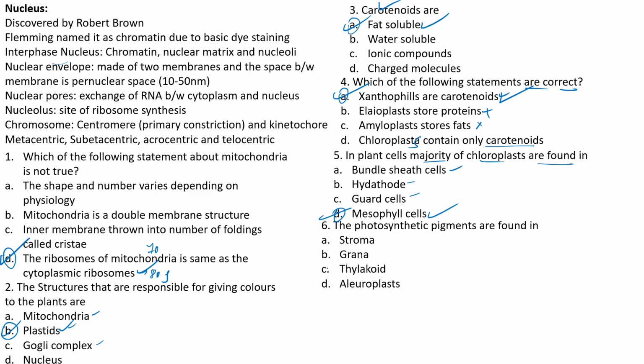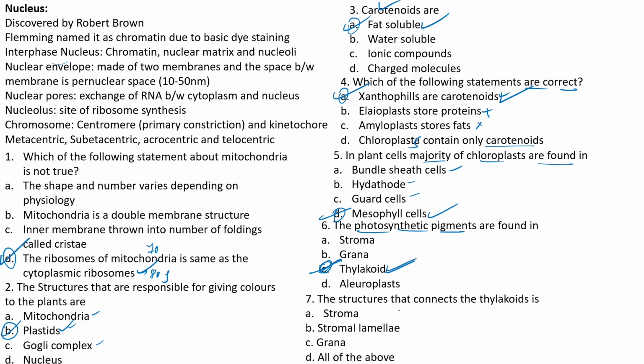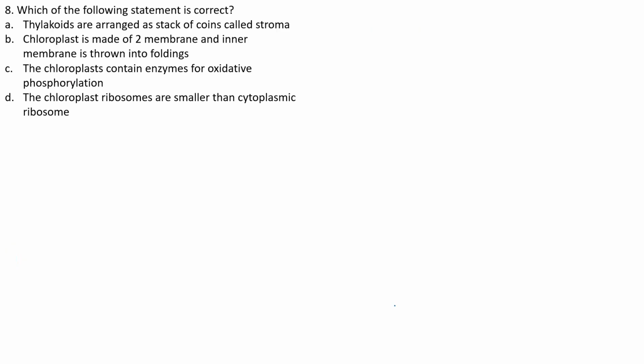It is the thylakoid that mainly contains the photosynthetic pigments. Hence, we can say that thylakoid is the site of photosynthesis. So C is our right answer. The structure that connects the thylakoids: stroma, stromal lamellae, grana, all of the above. The answer is stromal lamellae. It is the one that connects the thylakoids.